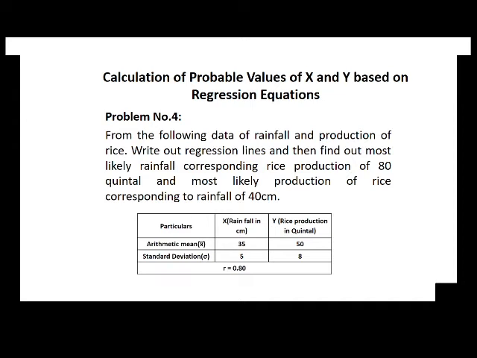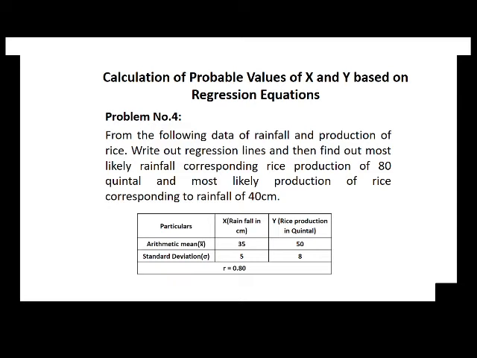Problem number 4. From the following data of rainfall and production of rice, write out the regression lines and then find out the most likely rainfall corresponding to the rice production of 80 quintal and the most likely production of rice corresponding to the rainfall of 40 centimeter.